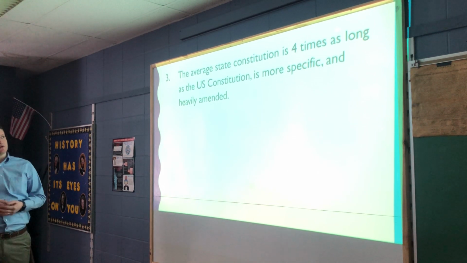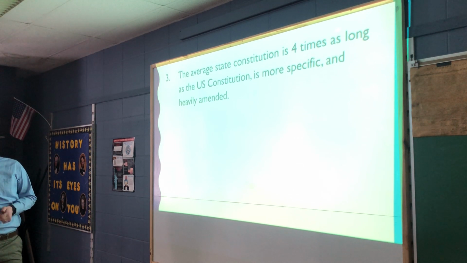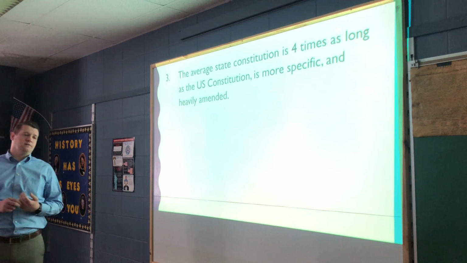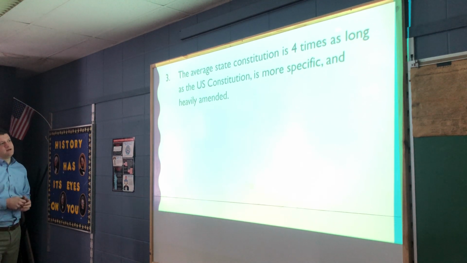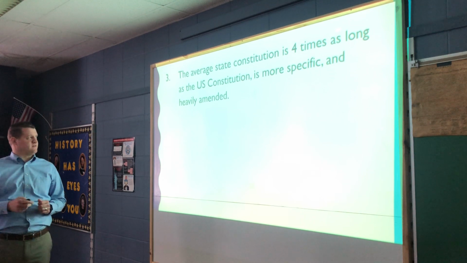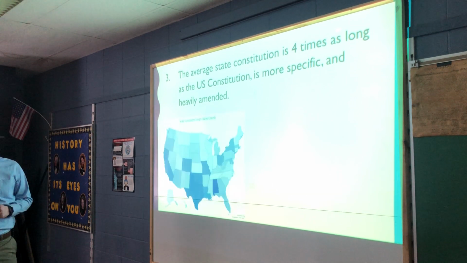So they're much longer, they're very much more specific to the different needs of our 50 states. Obviously, all 50 states have much different needs, and so it's more specific to each state.